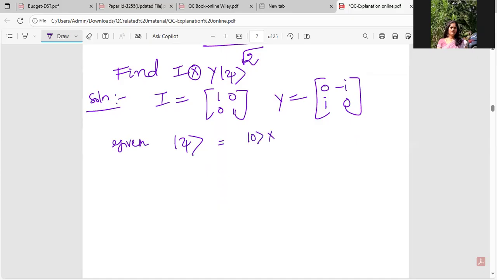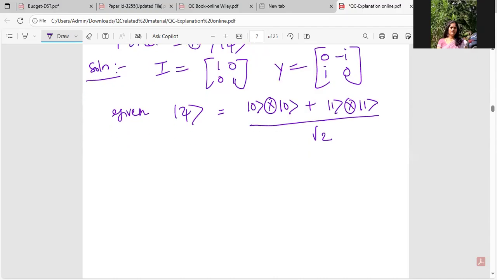Tensor product of ket 0 and ket 0 plus tensor product of ket 1 into ket 1 by root 2. Okay. Yeah. So how do I do it? According to the properties of this thing. I tensor product of Y, okay, and ket xi.